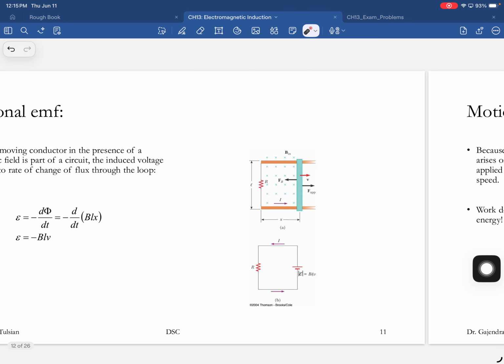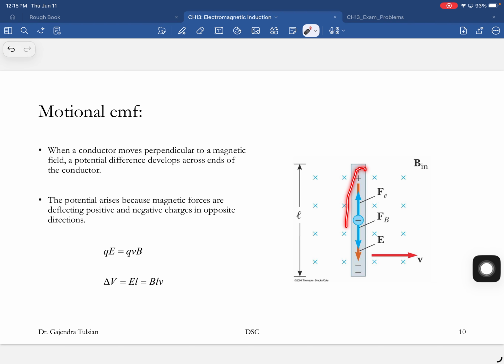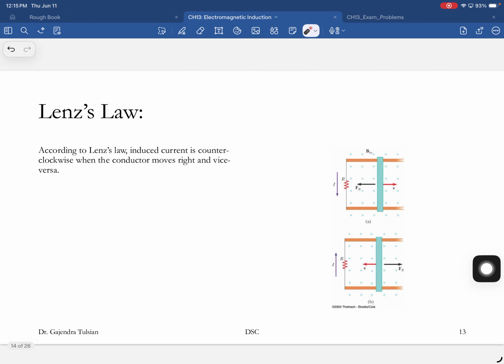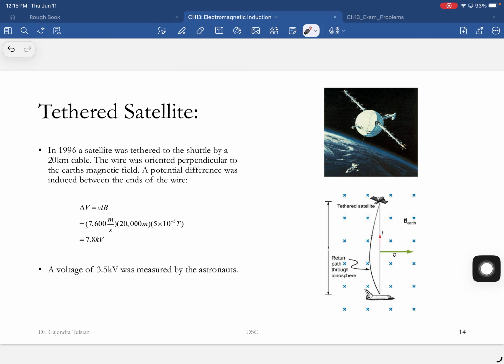All right, so we said that if you take a metal rod and move it perpendicular to a magnetic field, you will induce a voltage like this. So they wanted to test it out. This was a sort of fun experiment. They tested it using the space shuttle. They tethered a satellite. This is 20 kilometers, which is from here to Edgewater.